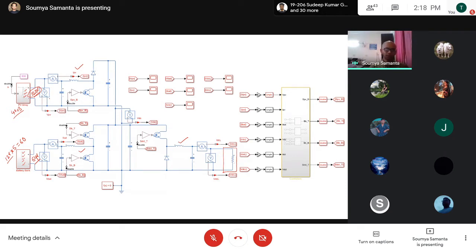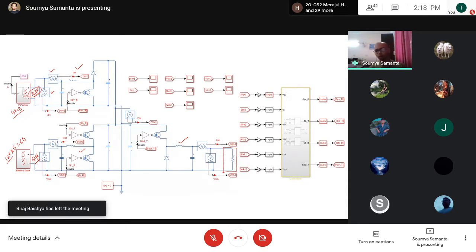So first of all, we have to sense the voltage and the current. So what we can do is use a voltmeter and ammeter. Now instead of using our mechanical voltmeter and ammeter, we are using here a voltage sensor and current sensor. The purpose is similar.